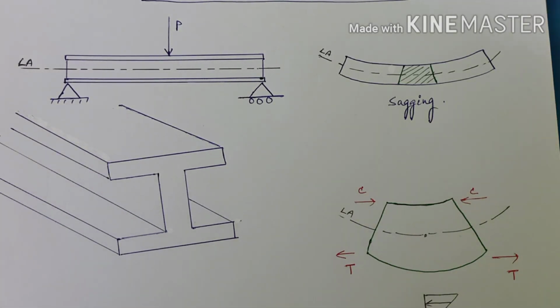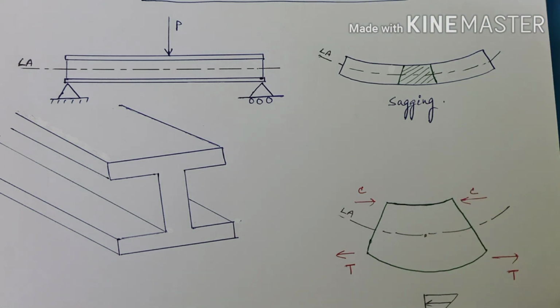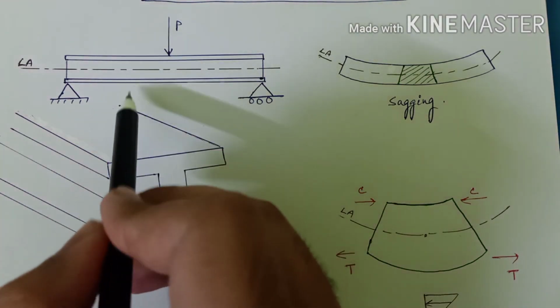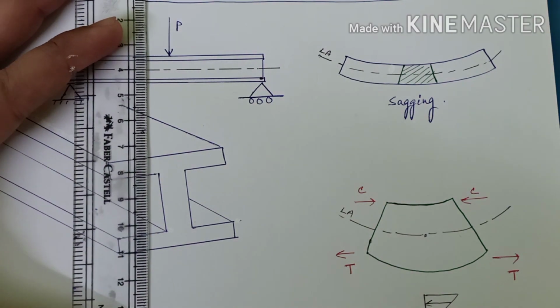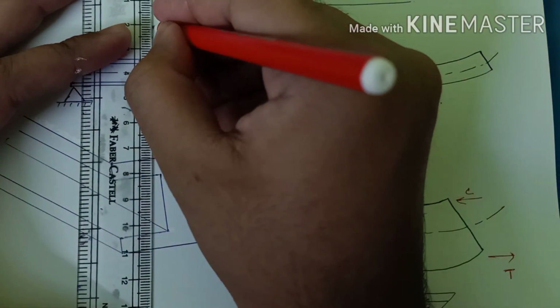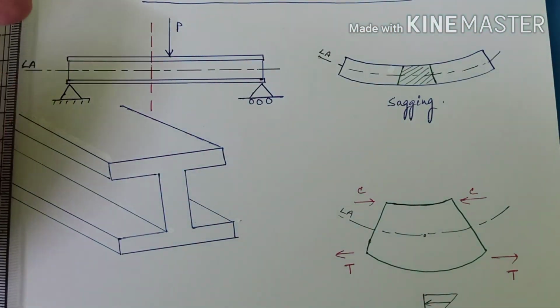Now let us do further analysis of this beam. To do the further analysis, basically now we will be doing the analysis at the molecular level, okay? For this we need to cut this beam into sections. So what we will do is cut the beam like this, okay?